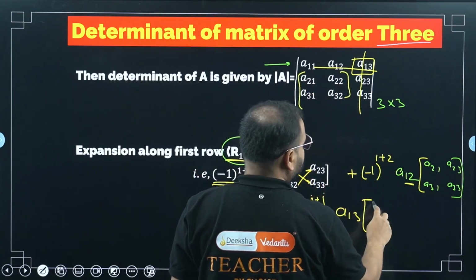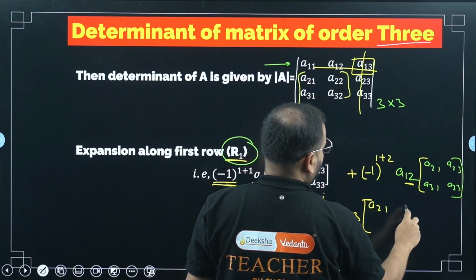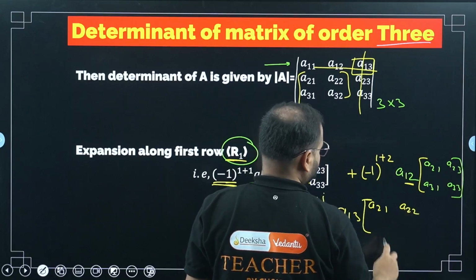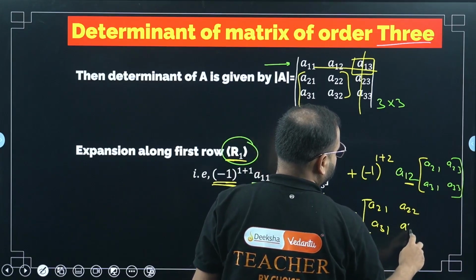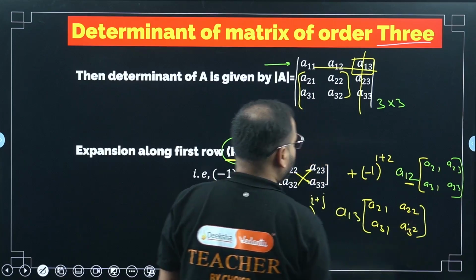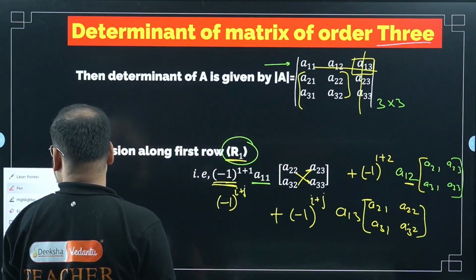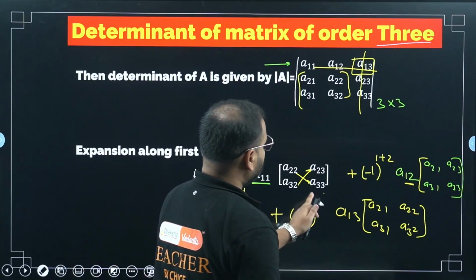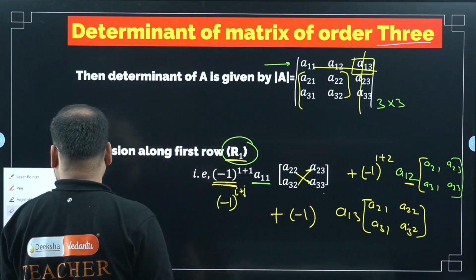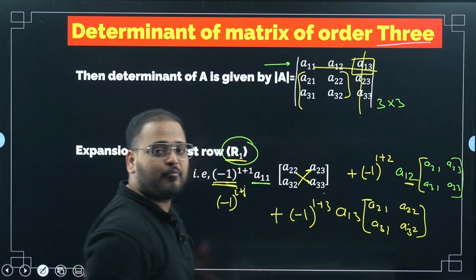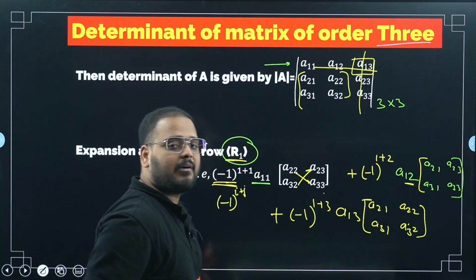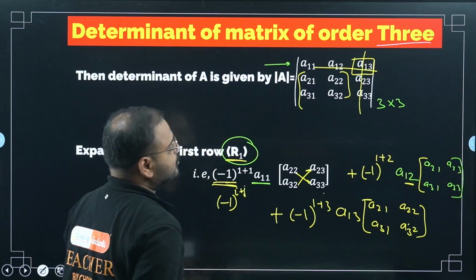So write this as matrix A21, A22, A31 and A32. Now what is it? 1 plus 3. So 1 plus 3 will become 4. 4 is an even number. So minus 1 to the power even number is positive. So the third term is positive.